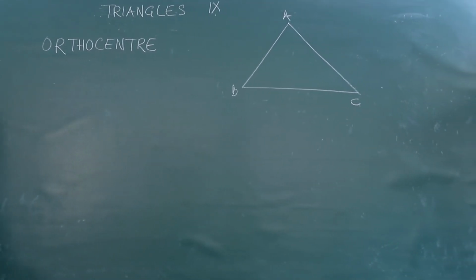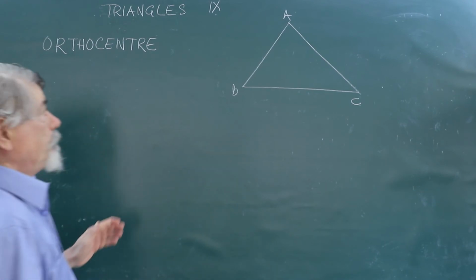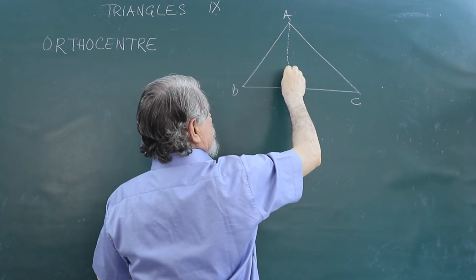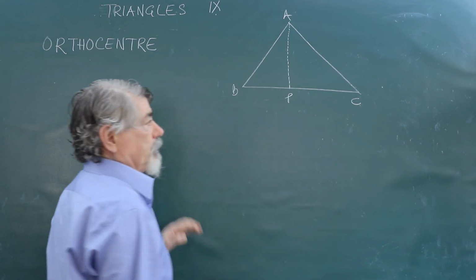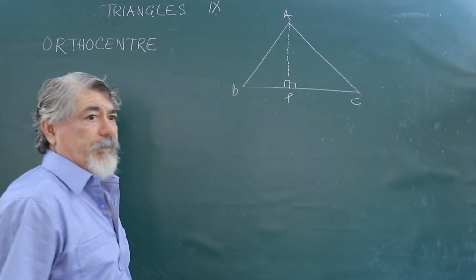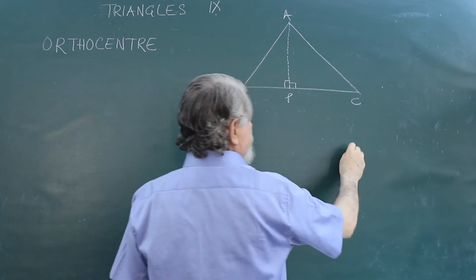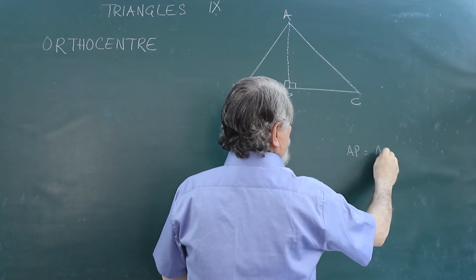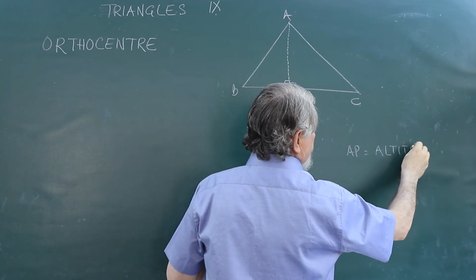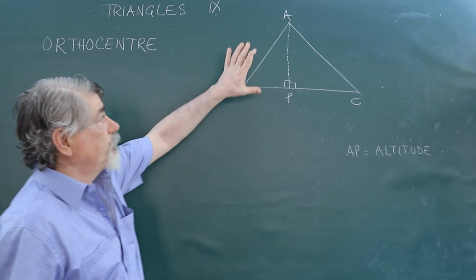If I drop a perpendicular from the vertex to the opposite side, for example from A to BC, suppose this is P, AP is perpendicular to BC, this is called altitude.